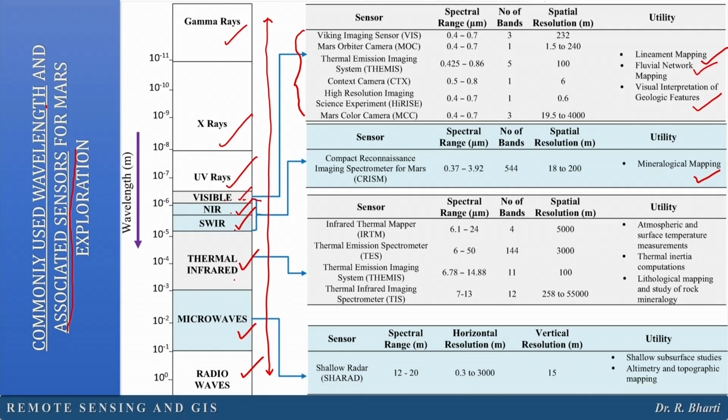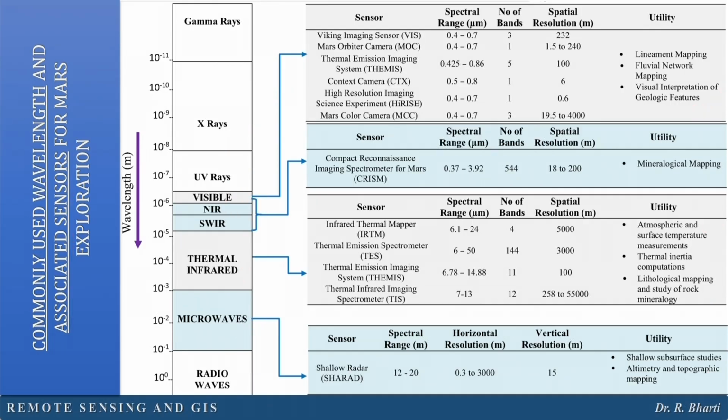Thermal infrared is basically used for atmospheric and surface temperature measurement, thermal inertia computation, and lithological mapping and study of rock mineralogy. The microwave wavelength is used for shallow subsurface studies, altimetry and topographic mapping. You can go through this table and understand what wavelength you want to use, which data is available, and what your application is.